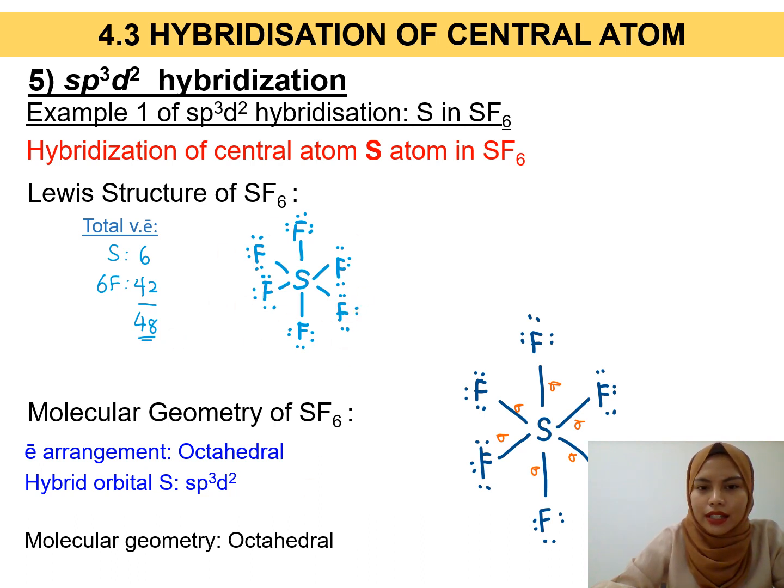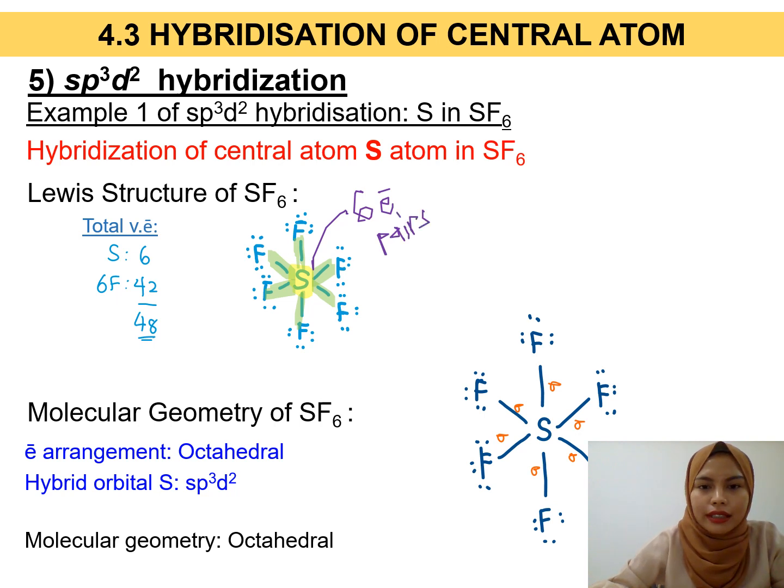Okay, SF6 ni the central atom dia adalah sulfur. And then how many electron pairs at the central atom? Ada sebanyak 6. Sebab dia ada 6 single bond ataupun 6 bonding pair. Bermaksud di sulfur atom ada 6 electron pairs. Okay.